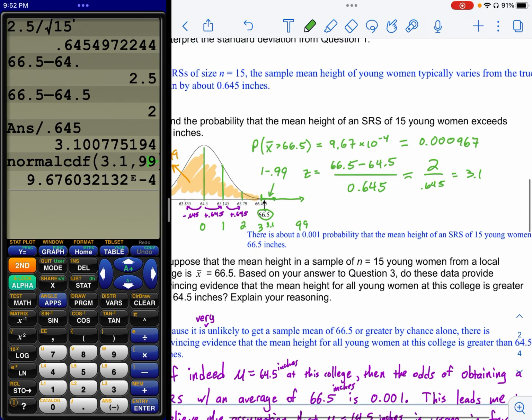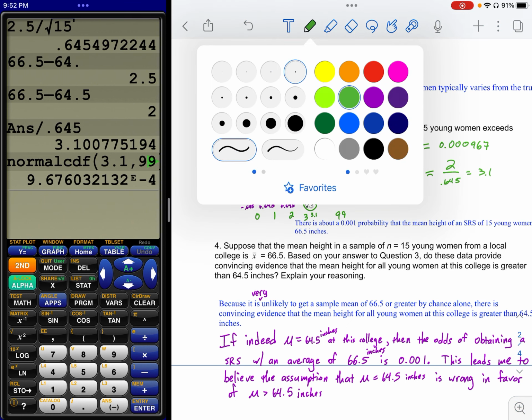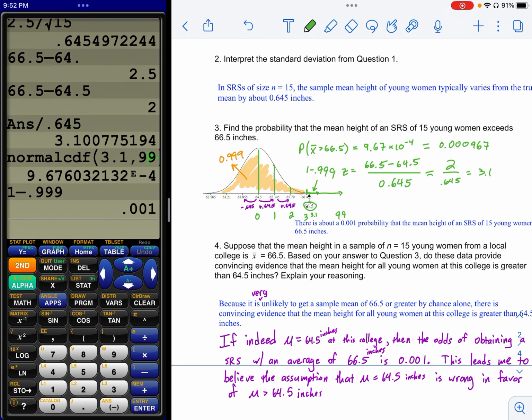So maybe I was close, but maybe that's not quite enough. Maybe it's got a couple more nines, like 0.999, which would make this one 1 minus 0.999. A little closer anyway. Yeah, that's pretty much what that is.